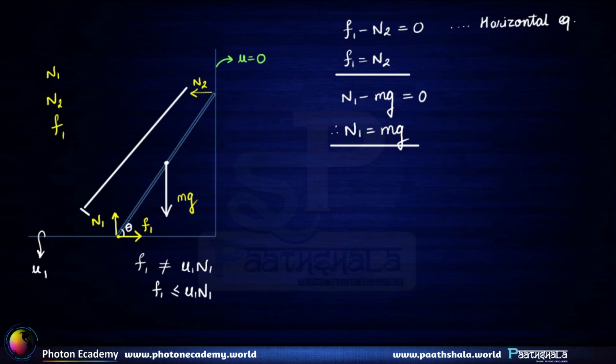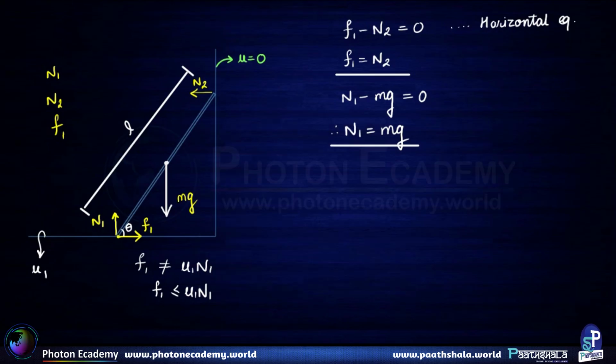This length is given to be L, the length of the rod. Alright, so we can simply write down the torque of mg to be in the clockwise direction, and mg will give a torque mg into L by 2 into cos theta. Let us see how. See, this is L by 2.